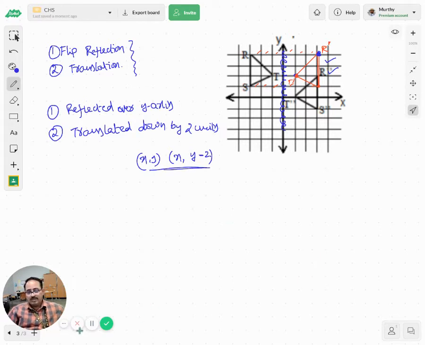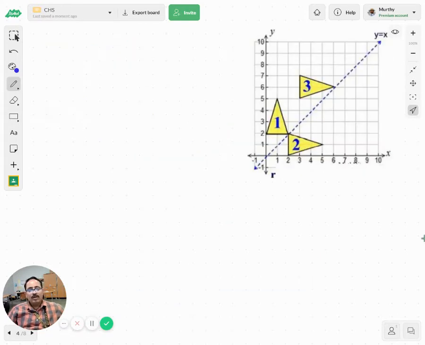Then moving to the next question. Okay, the next question is, again I see that there are 3 figures. So first 1 through 2, what happened or how it transformed, and 2 to 3, how it transformed. This is what you have to identify.